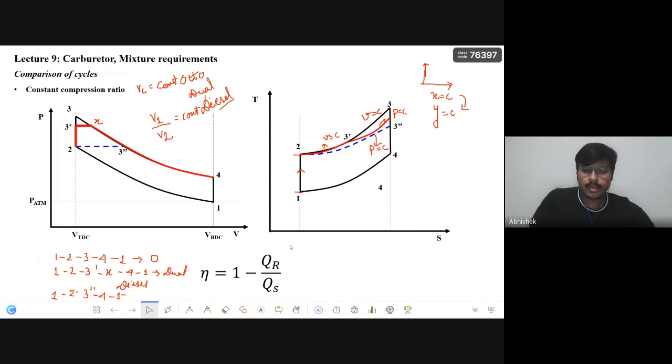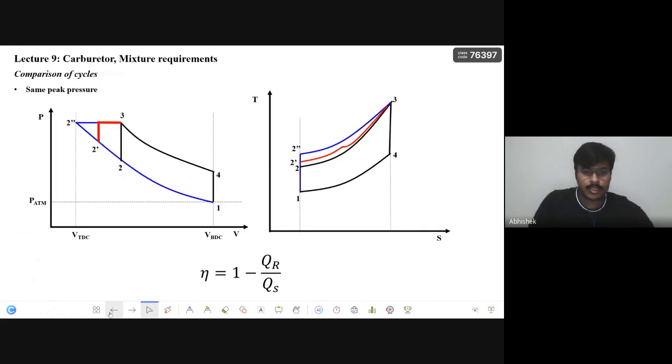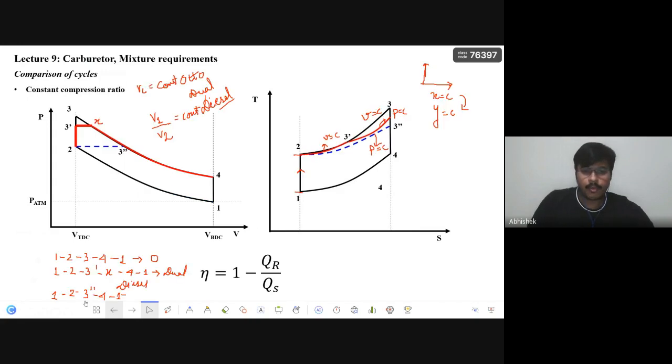I will explain in which case the efficiency will be higher. Let us say we'll compare based on the Q rejected and Q supplied. For that, in which plot do we get to know work? If we want to calculate the work done, in a PV diagram, how do we find the work done?